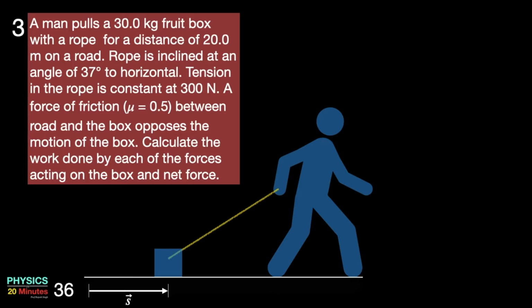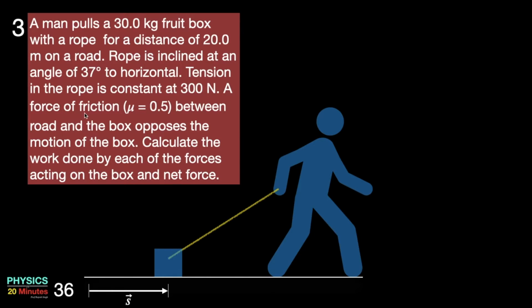Let's take the next one. A man pulls a 30 kg fruit box. So here is a man, here is a box, here is a rope. He pulls the fruit box with a rope for a distance of 20 meter on the road. The rope is inclined at an angle of 37 degree to the horizontal. Tension in the rope is constant at 300 Newton.